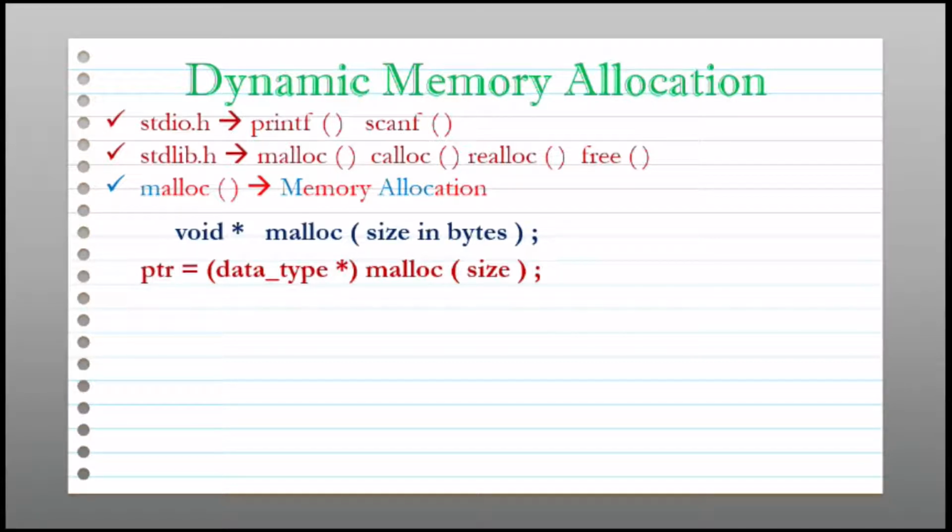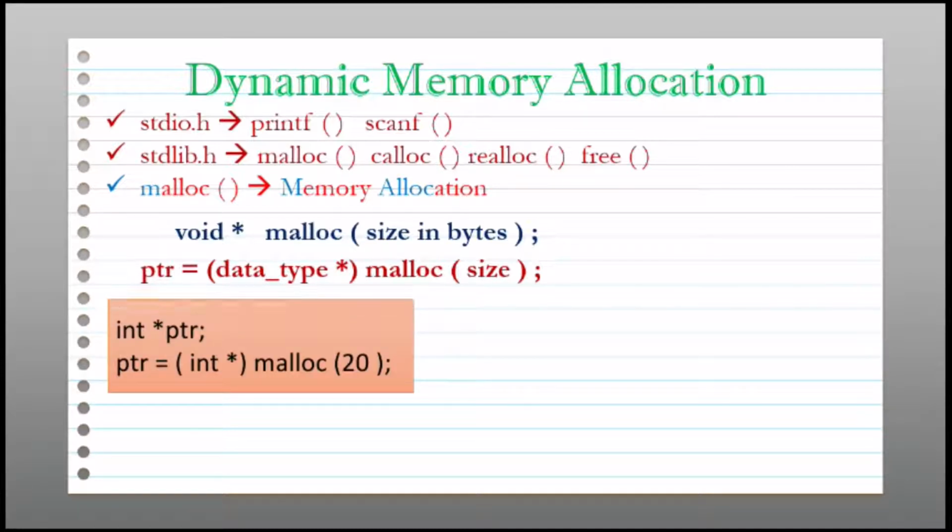If the pointer variable ptr is integer, then the type cast should be int star. This will convert the value returned by the malloc function, which is of void type, into integer data type. We will see one example based on this.